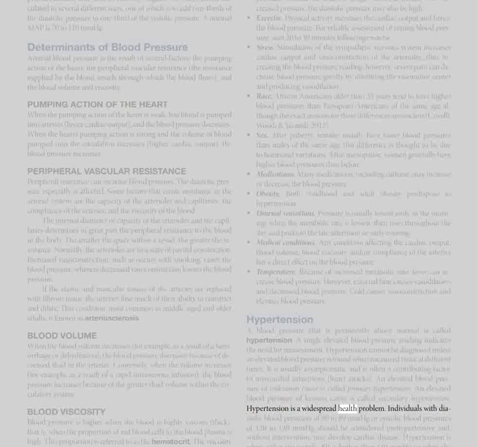Hypertension is a widespread health problem. Individuals with diastolic blood pressures of 80 to 89 mmHg or systolic blood pressures of 120 to 139 mmHg should be considered prehypertensive and, without intervention, may develop cardiac disease.